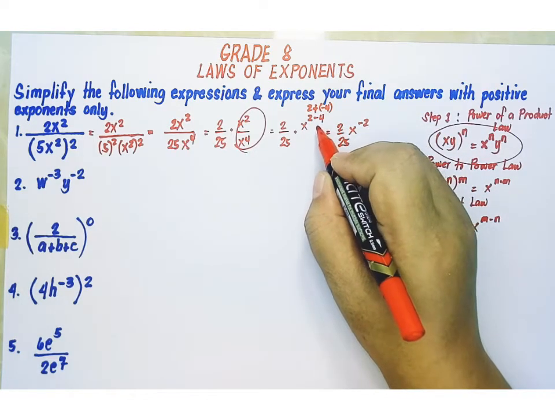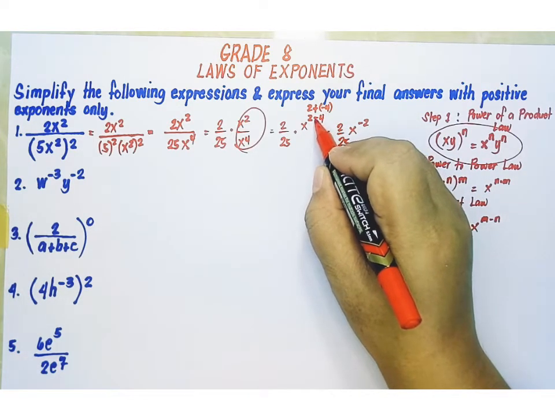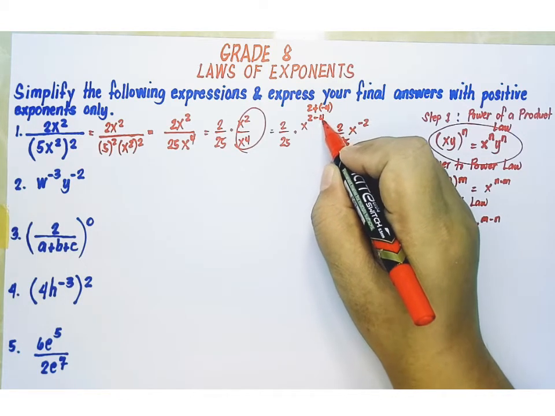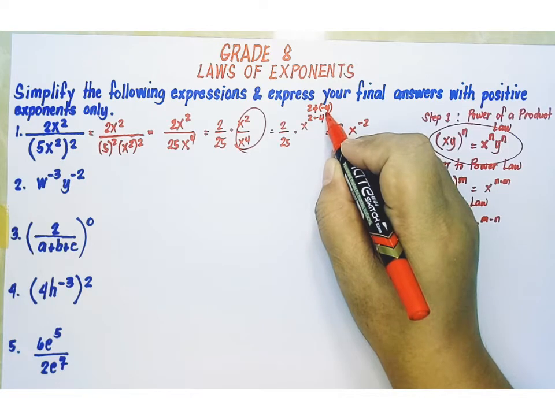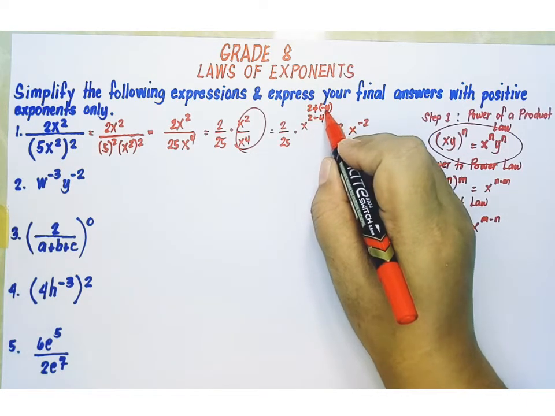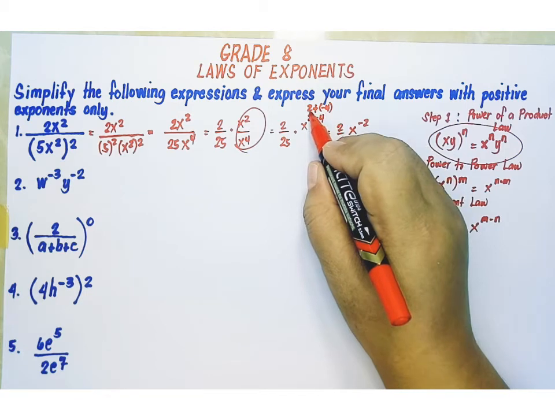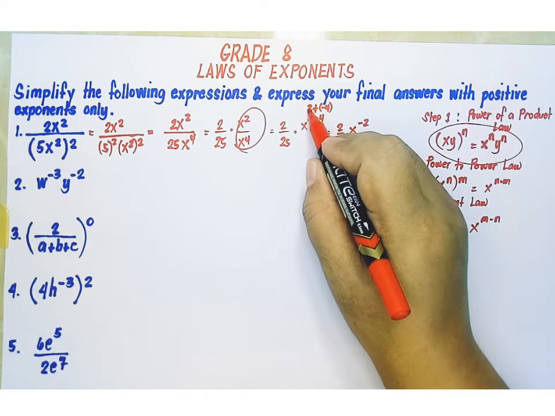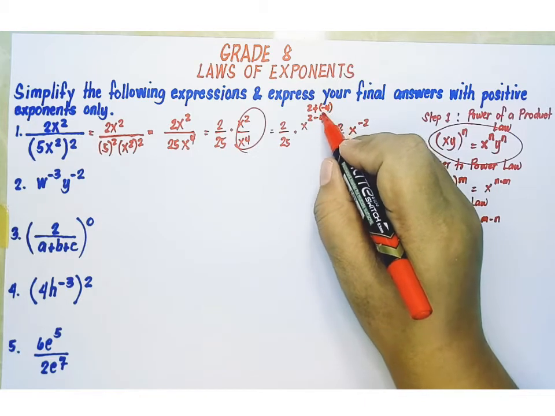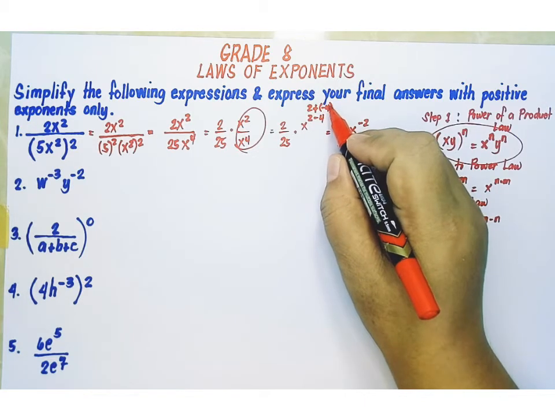Ano ba kasi yung subtraction rule? You proceed to addition and change the sign of the subtrahend. And since you are adding two numbers with different signs, you subtract their absolute values. Absolute value of 2 is 2. Absolute value of negative 4 is 4. Subtract their absolute values, it's 2.